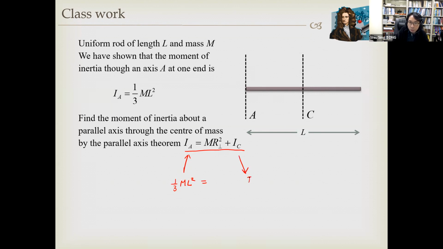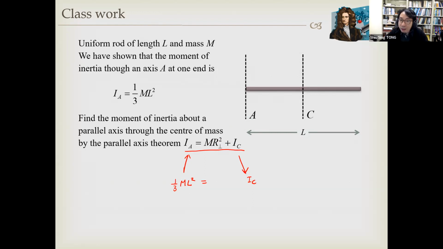Now you want to find IC, right? And what is this? The total mass of the rod multiplied by R perpendicular squared. Don't just remember the symbol, remember the meaning of the symbol. The R perpendicular is the distance between the two axes, right?